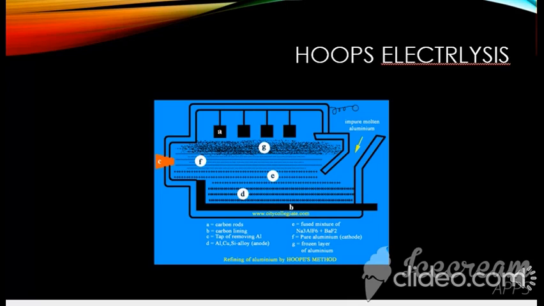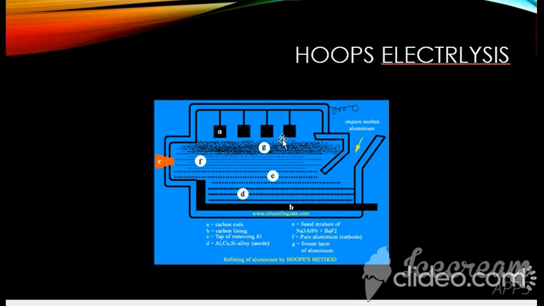How do we get it? This is the diagram. This is another electrolytic cell, Hoope's electrolysis. There are again 4 graphite rods and a carbon lining. Now something is different from Hall's process. Here you can say this is the inverse of Hall's process.